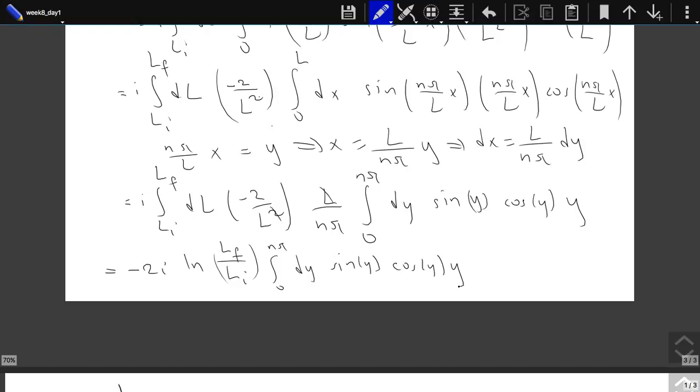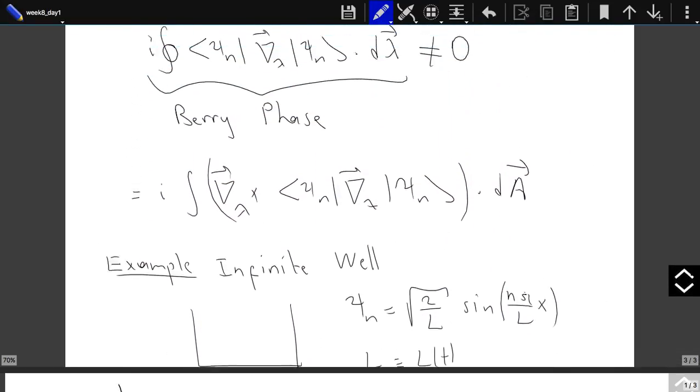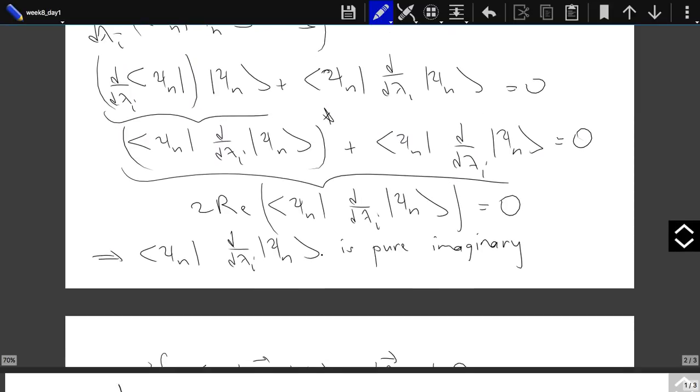Okay, what's the problem? Is it real or imaginary? It shouldn't be. We proved that it has to be real. So how come? We didn't skip an i or something. Okay, let's go back. We said that this matrix element should be pure imaginary.